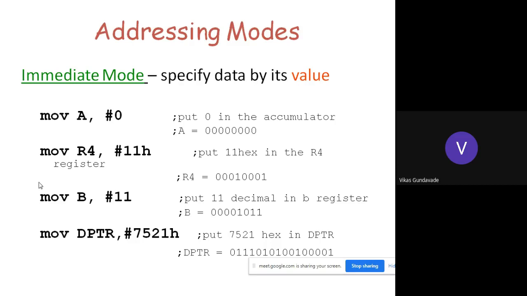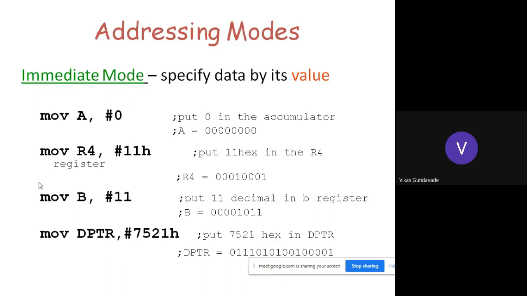If we do not give any such syntax, then the microcontroller will consider it a decimal value and will convert it into hex. For 8-bit or 16-bit data transfer, if the register is 8-bit, the immediate value should be 8-bit. If it is a 16-bit register, then the immediate value should be 16-bit.